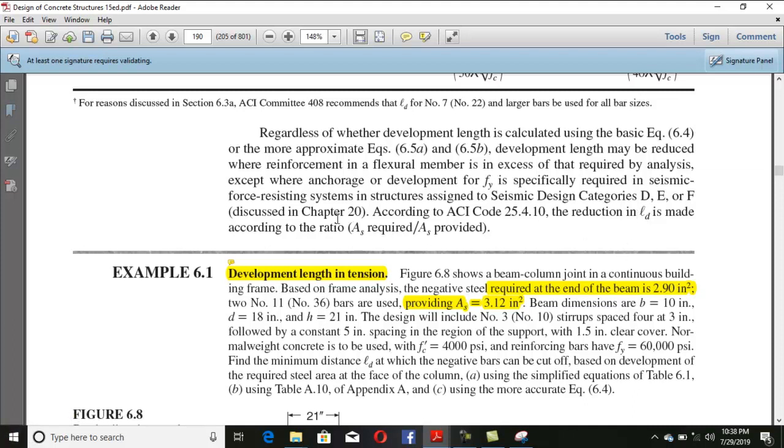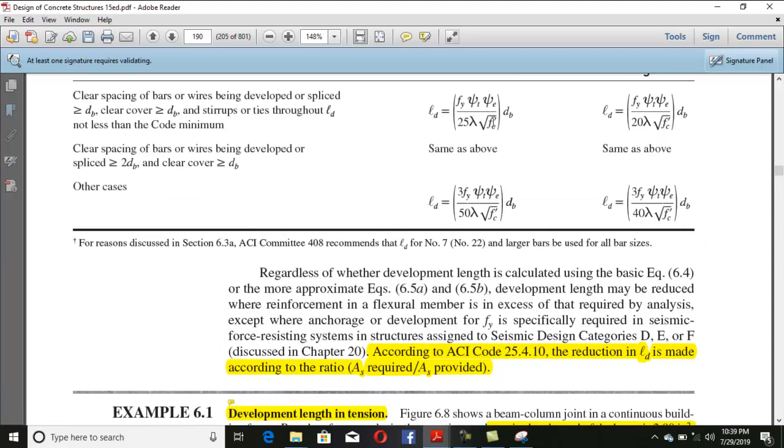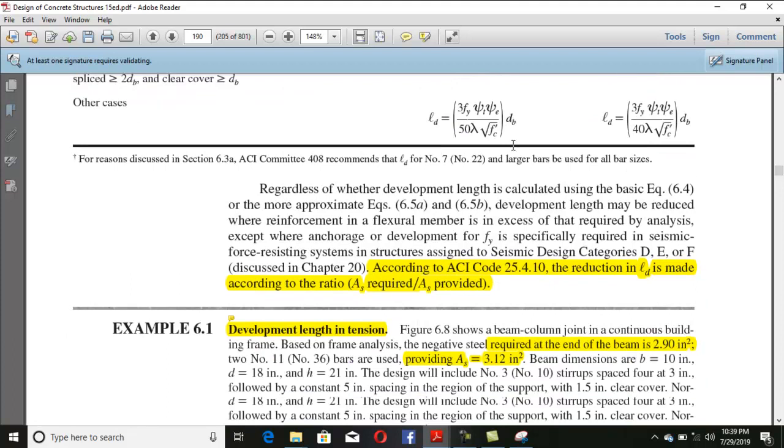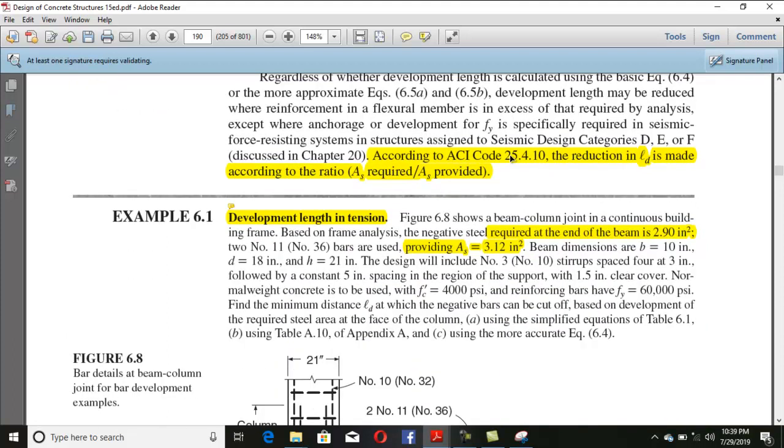I already mentioned at the beginning of this topic that we have to use modification factors: psi factors, coating factors, placement factor, size factor. After calculating LD from these formulas, from the basic formula you used at the initial stage, whatever answer you get, you have to multiply it.